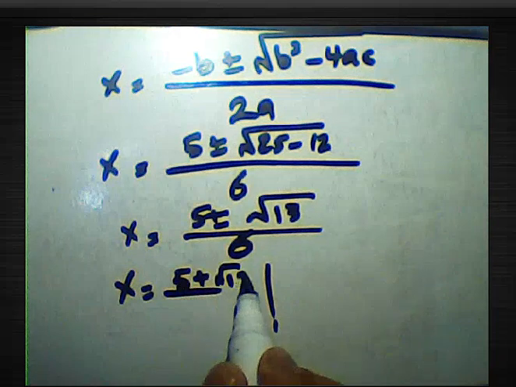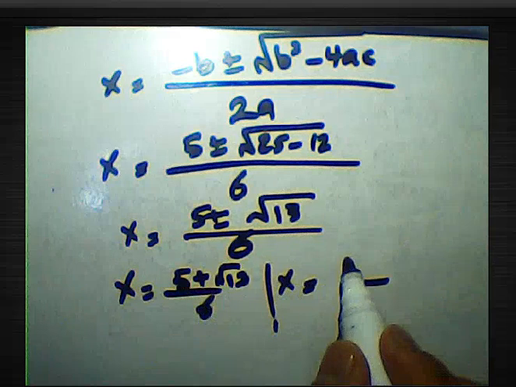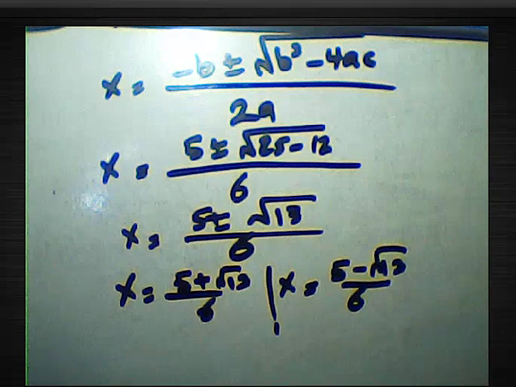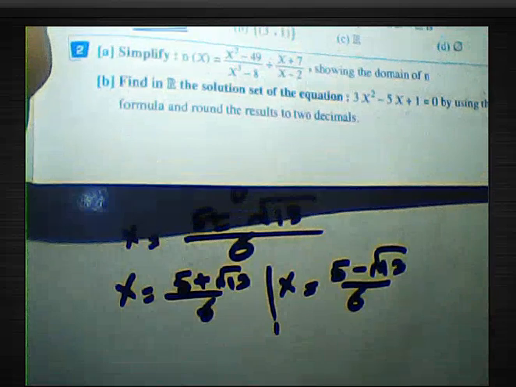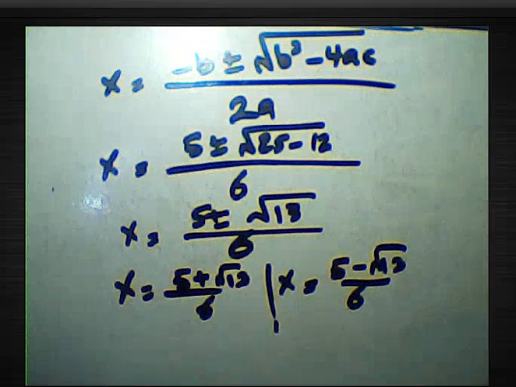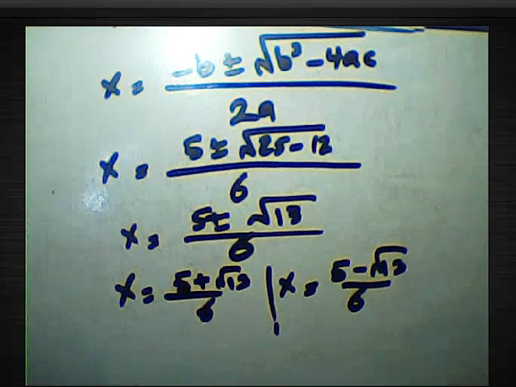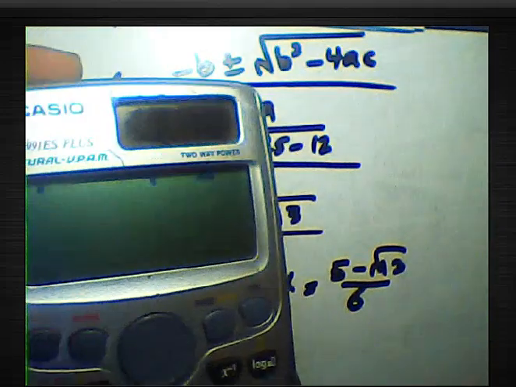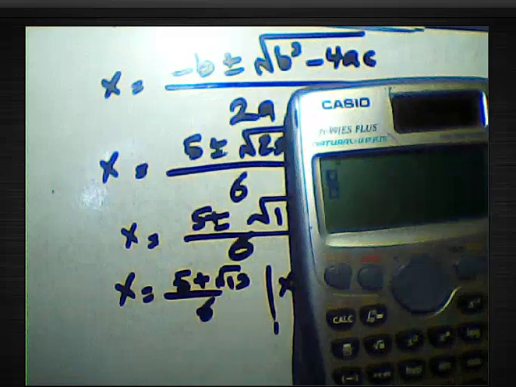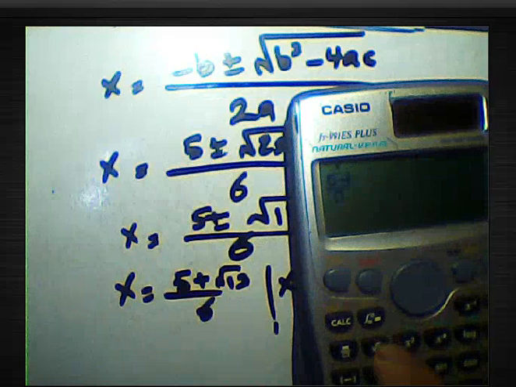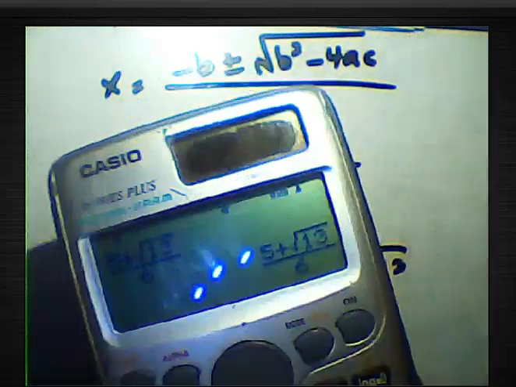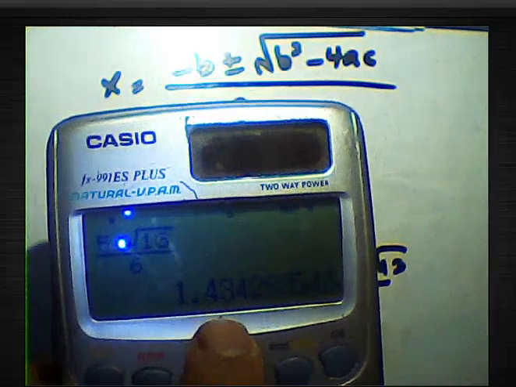x equals (5 plus root 13) over 6, and x equals (5 subtract root 13) over 6, using the calculator and approximating the result to decimals. Find the result by using the calculator: 5 plus root 13 over 6, and the result will be 1.43.